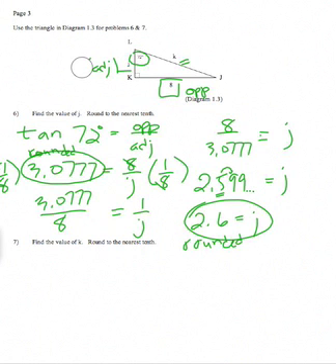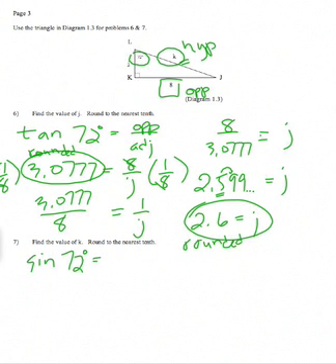So instead of using the tangent, we would use the sine, because we have to find out k, which is the hypotenuse. And we know that the sine is the opposite over hypotenuse. So we take the sine of 72 degrees equals the opposite, which is 8, over the hypotenuse, which is k.